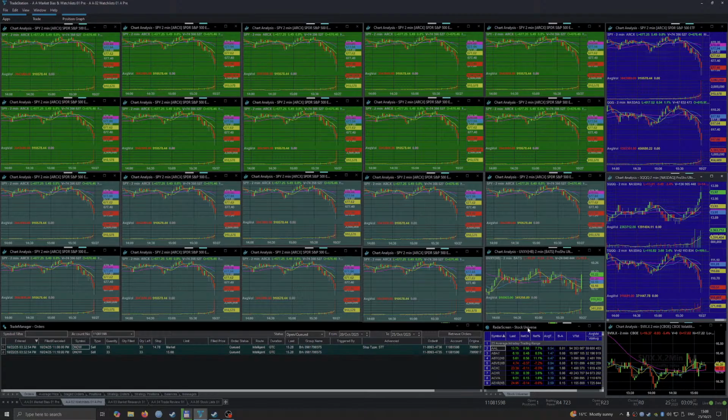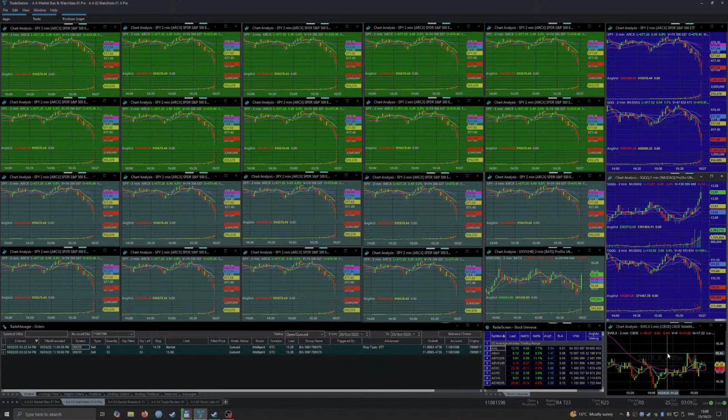This is my stock universe, and I'll come back to that. This is a graph that shows the volatility of the markets. It's like a little bit of information.